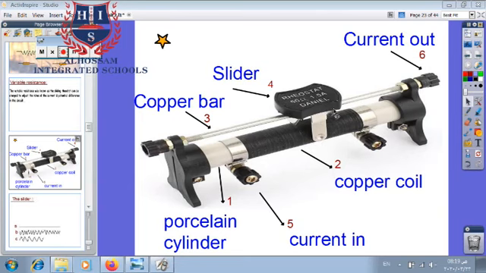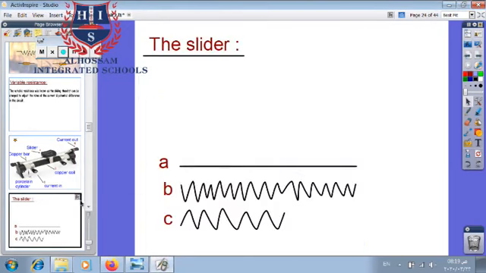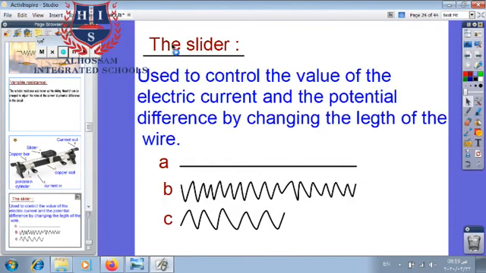If we change the length of the wire by moving the slider along the copper bar, we can control the length of the wire entering the electric circuit. So what is the function of the slider? It is used to control the value of the electric current and the potential difference by changing the length of the wire.